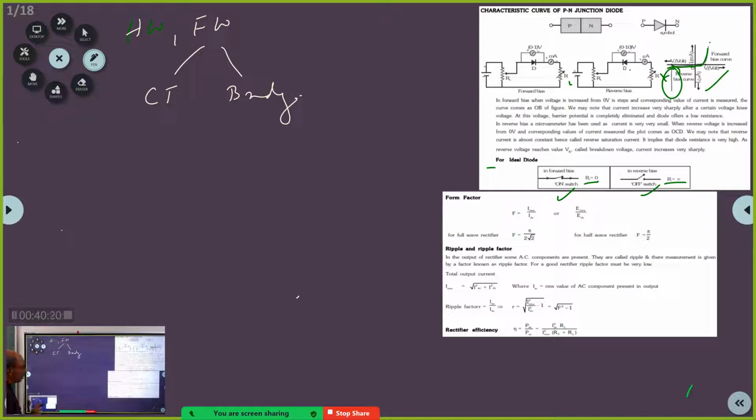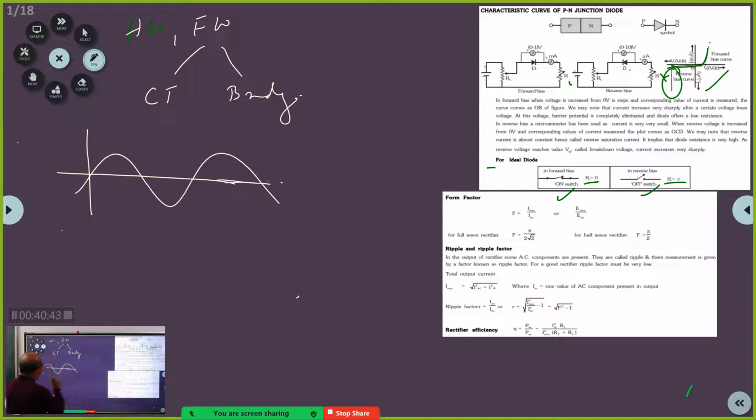Now, in the book they have given that alternating voltage is converted into DC voltage. What you have to understand from the definition given in the book is that this they call alternating current, or sorry, alternating voltage.